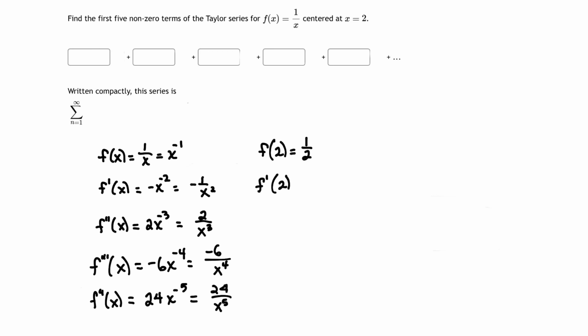F prime of 2 is negative 1 over 2 squared, or negative 1/4. The second derivative of f at 2 is just 2 over 2 cubed, which is just positive 1/4.